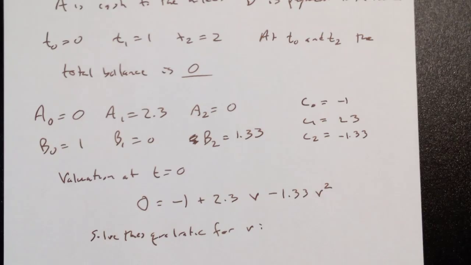I put the V squared at the end instead of at the beginning, but I can still do the quadratic formula because I'm not sure how to factor this.